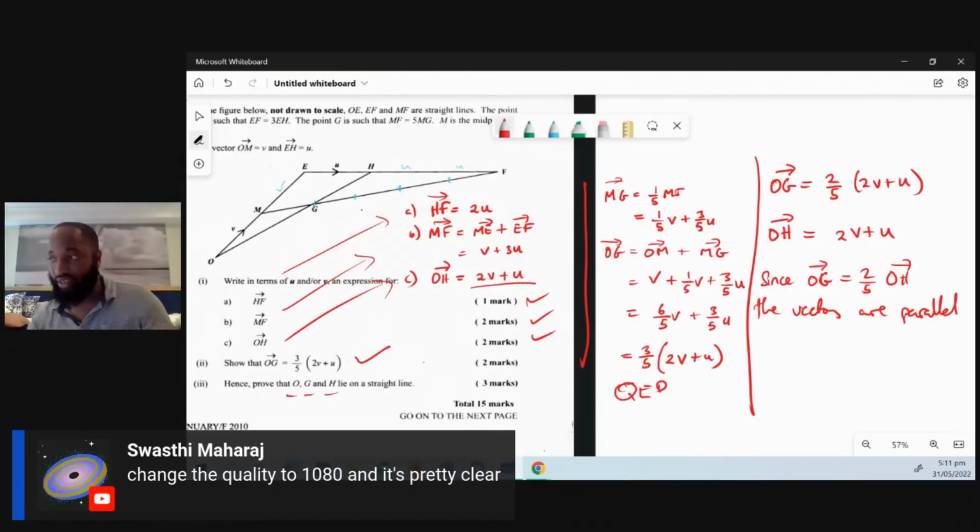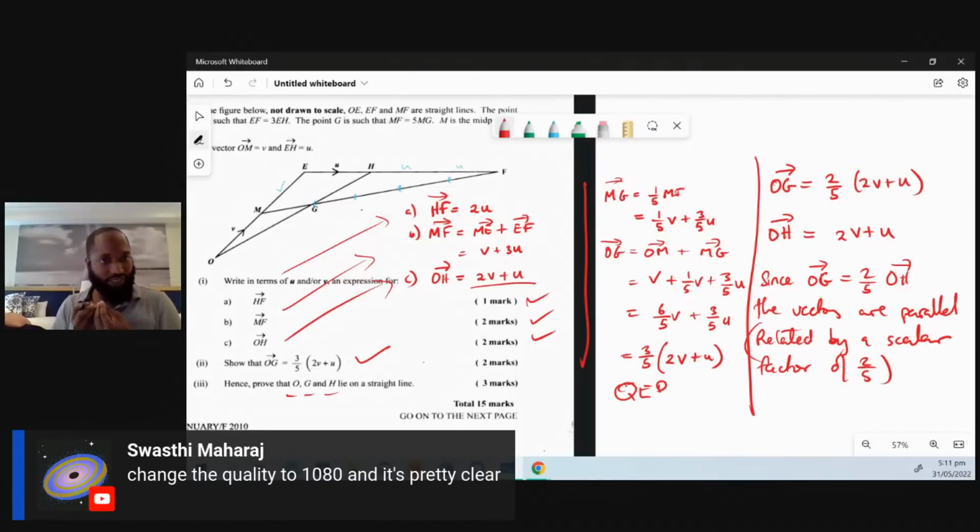That's all we show so far. If vectors are related by a scalar factor, you can use that word, the big word they like to look for, related by a scalar multiple, related by a scalar factor of 2/5. Once they're related by a scalar factor, like you can pull a factor out of the two vectors, that means they're parallel.